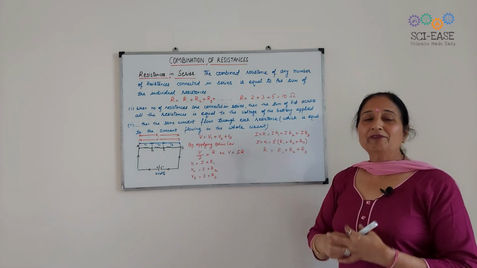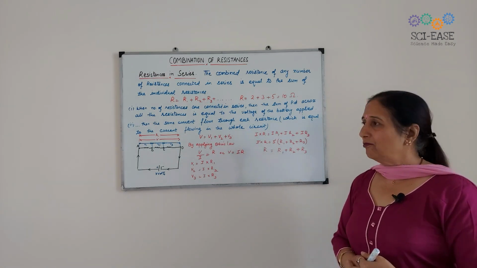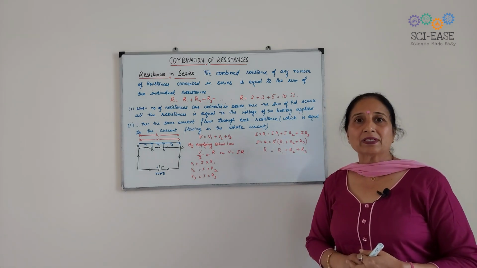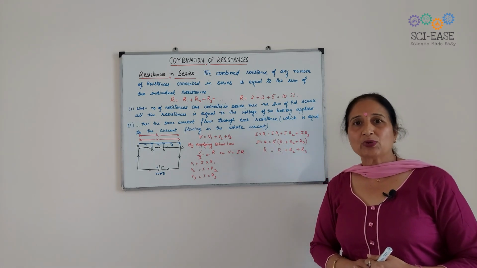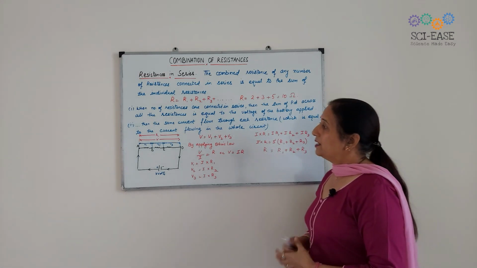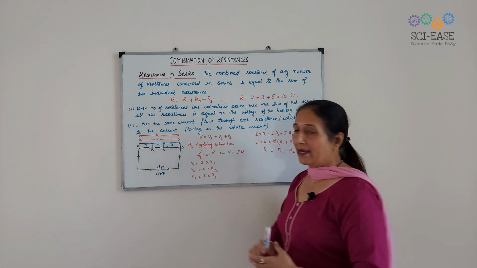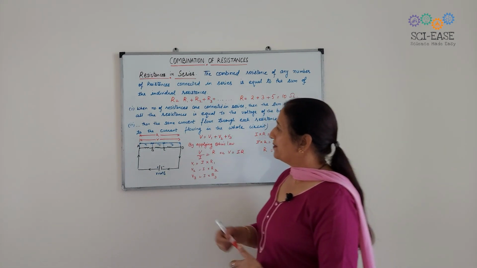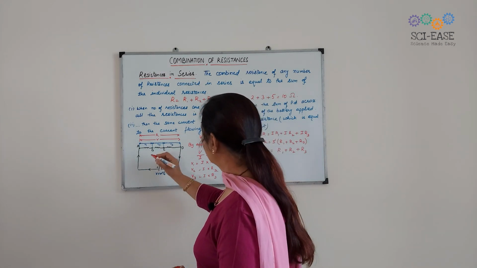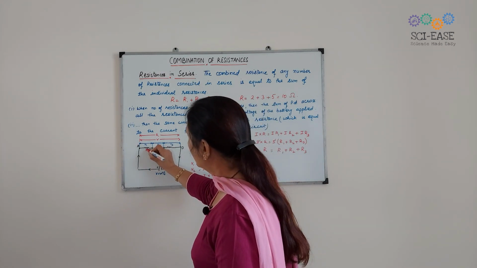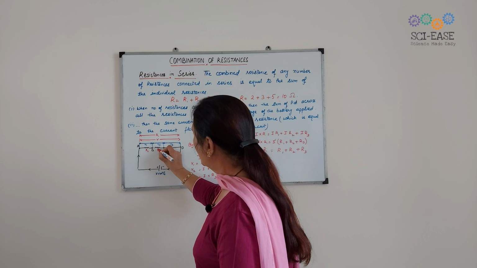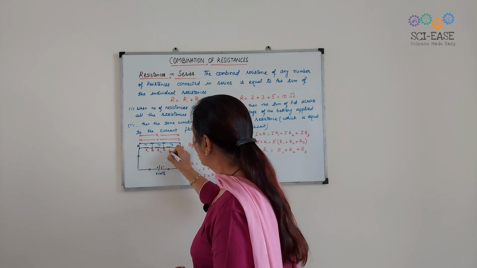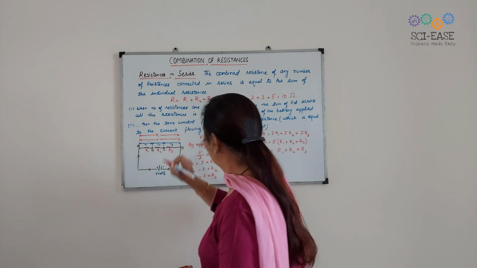Now, we will derive the formula for calculating the resultant resistance from the individual resistances. So this is the circuit diagram. Here we have three resistances: this is R1, this is R2, and this is R3.